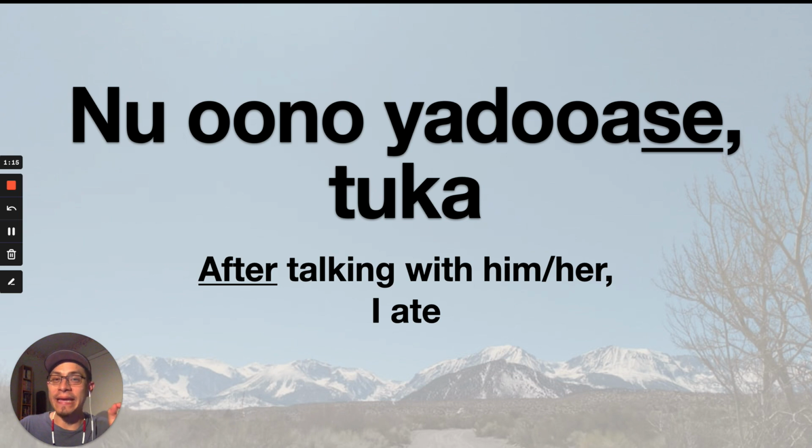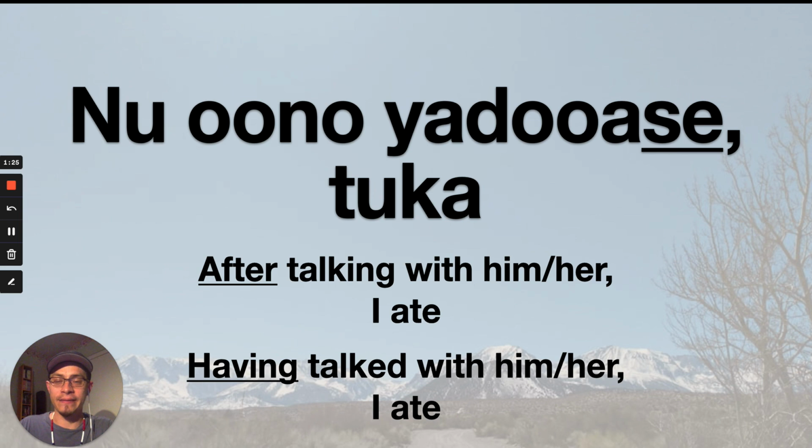That indicates that the speaking occurs first, and then duka, the eating. You could also translate it like this: having talked with him or her, I ate. So there are multiple ways to translate these kinds of sentences that have si suffixed to the verb.